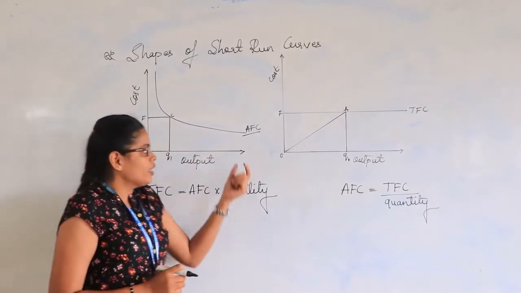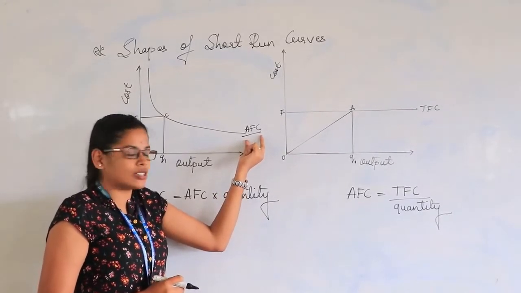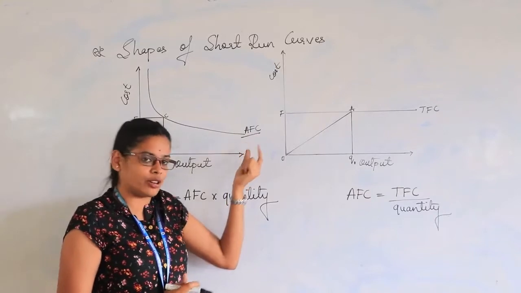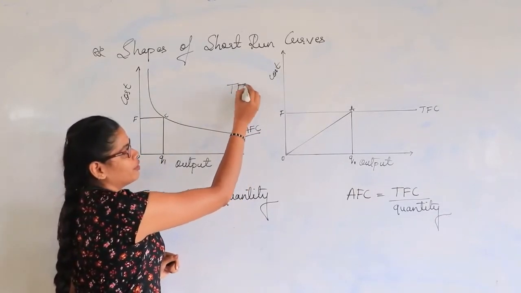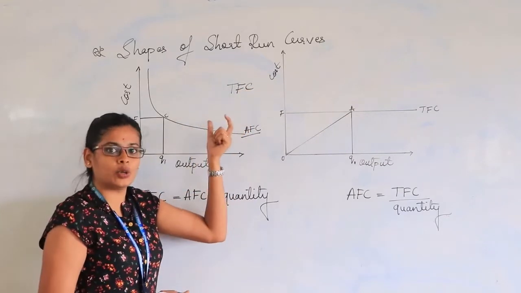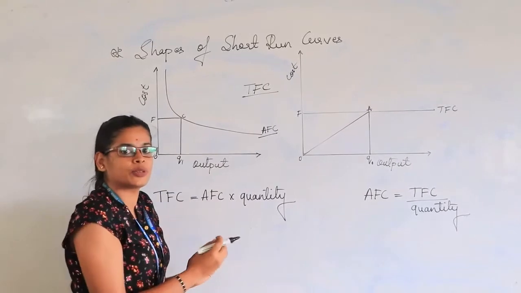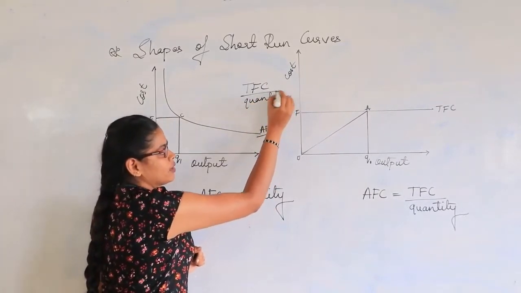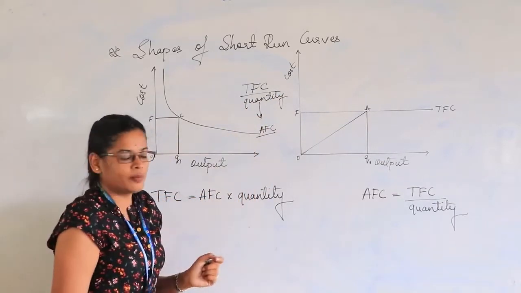To get it, we first find the total fixed cost, and this total fixed cost needs to be divided by the quantity. Then you will get the average fixed cost.